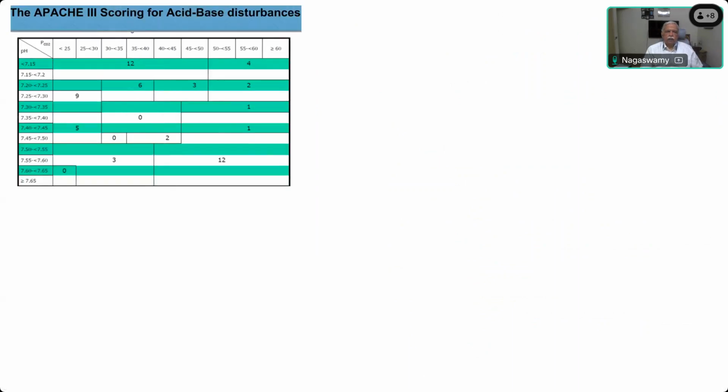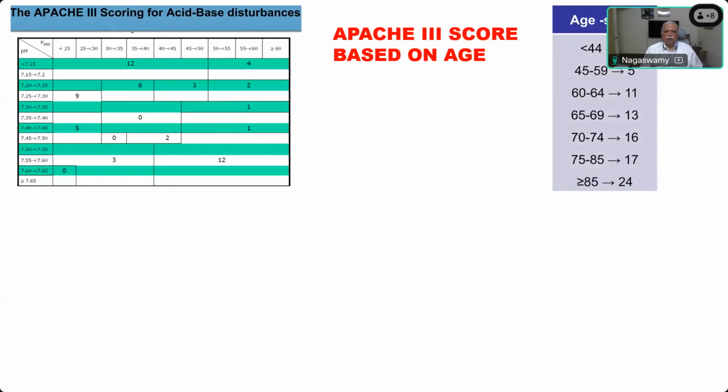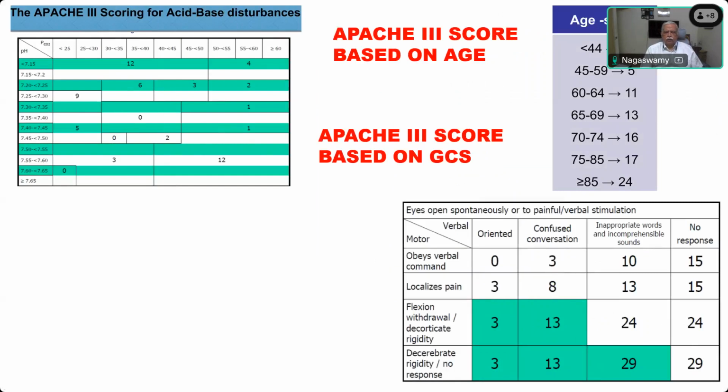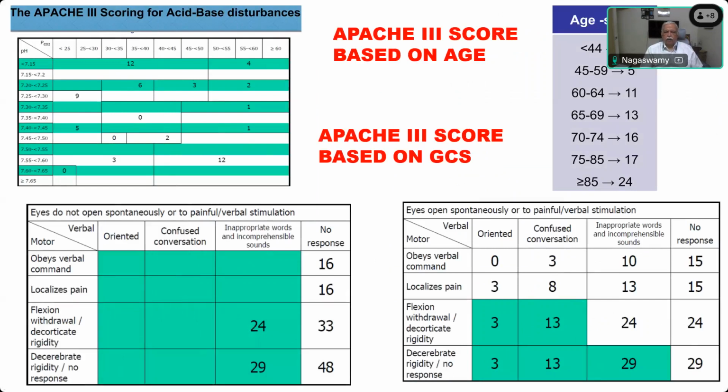And the Apache 3 scoring system is classified based on acid-base disturbance, age scoring, and GCS scoring, especially if the patient is coming in a confused, comatose or drowsy state, then GCS is also included in assessing the mortality. Not only in metabolic coma conditions, but head injury and trauma conditions will also include this.